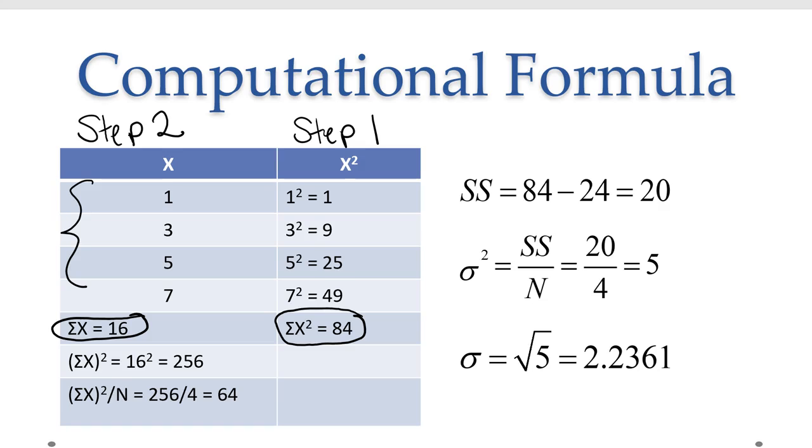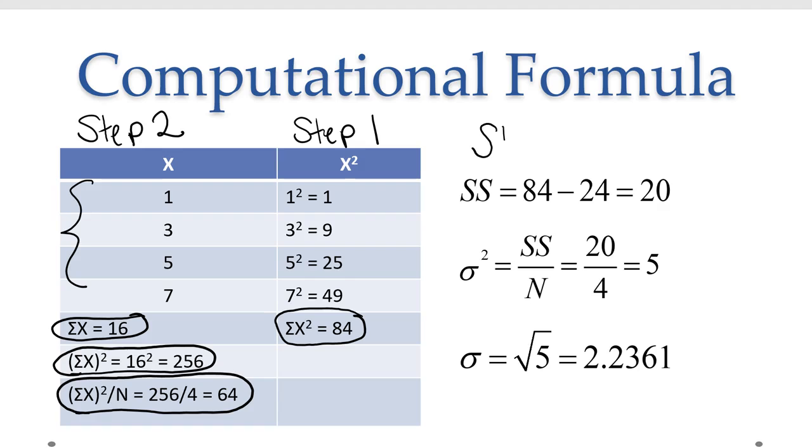Square the sum, 16 squared is equal to 256. Divide the result by the number of scores. Sigma x squared divided by N is equal to 256 divided by 4, which is equal to 64.